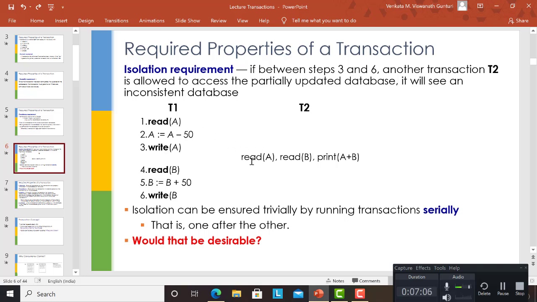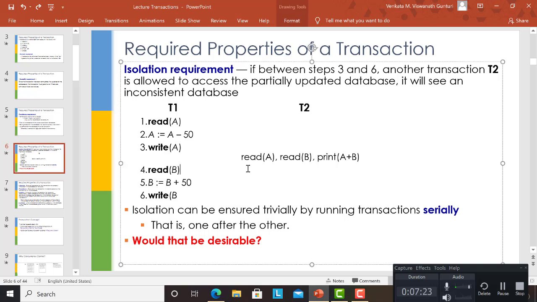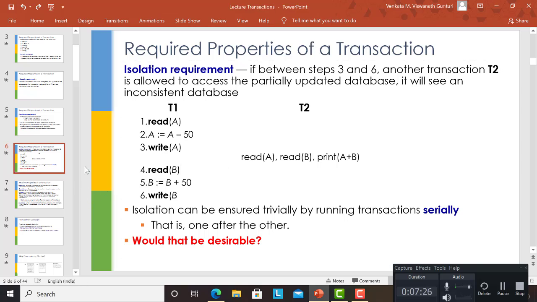So if you are picking up in the middle, you should not see the intermediate values of T1; you should see the values before T1. Or, depending on the interleaving generated by your concurrency control, this view can also be the value of A after this transaction has finished.